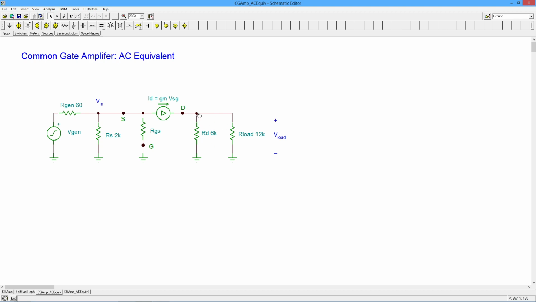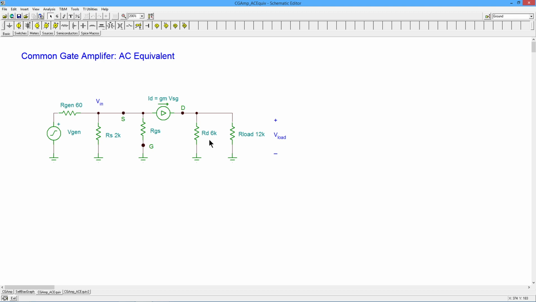You see the biasing resistor, in this case RD, and then you see this impedance, which is effectively the impedance of the current source that's driving this, the gmVGS current source. What is that? It's huge, right? It's going to be a lot bigger than the RD value. So we can just approximate the output impedance as whatever this biasing resistor is, in this case 6K. And we're done, all right?